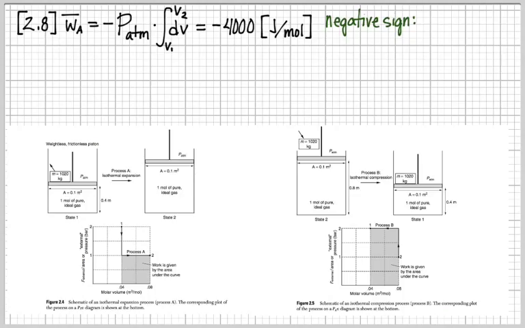And we notice that it's a negative sign because work was being done outward to surroundings. The energy was leaving the system as the mass was removed from the piston, and I had an isothermal expansion.